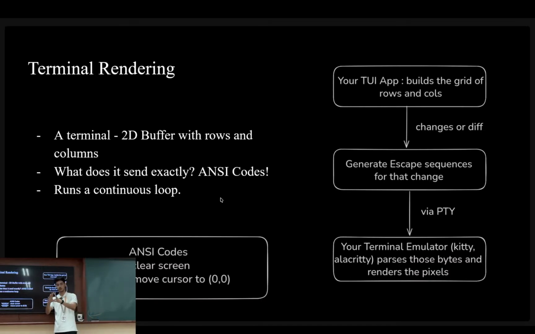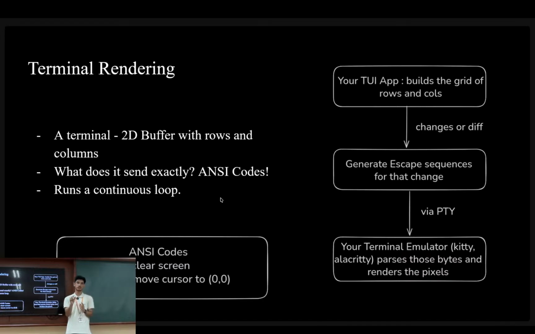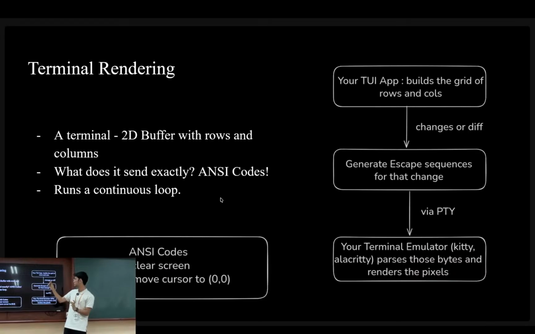So basically, how is the rendering working? First of all, your TUI app has the rows and columns, all the characters. Say in a TUI app, there's some change in one of the graphical elements. That change is given through escape sequences that go to the PTY, or the pseudo terminal. I'll talk about this tool later, and this pseudo terminal will give it back to your terminal emulator, your Kitty, Alacritty, whatever it is.